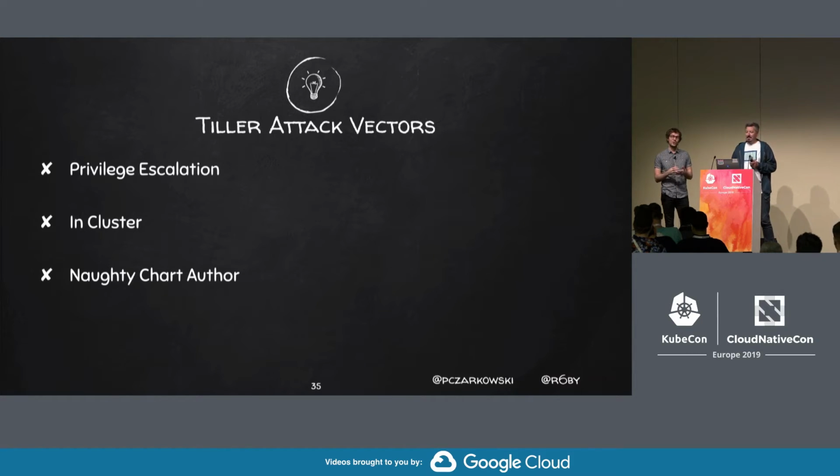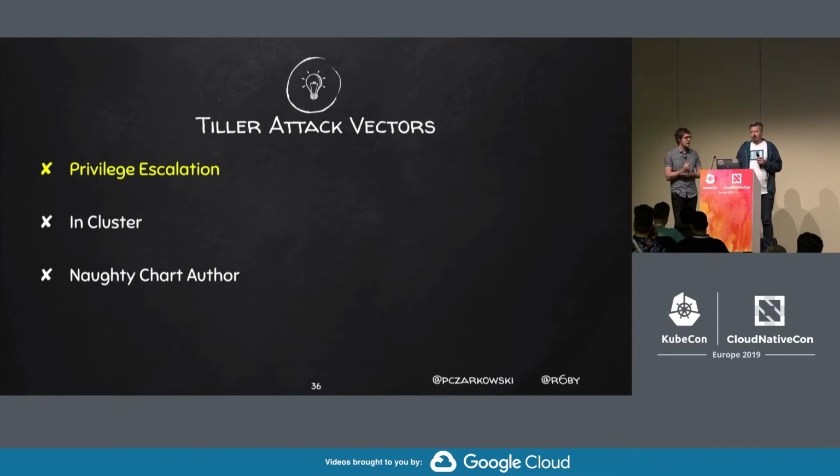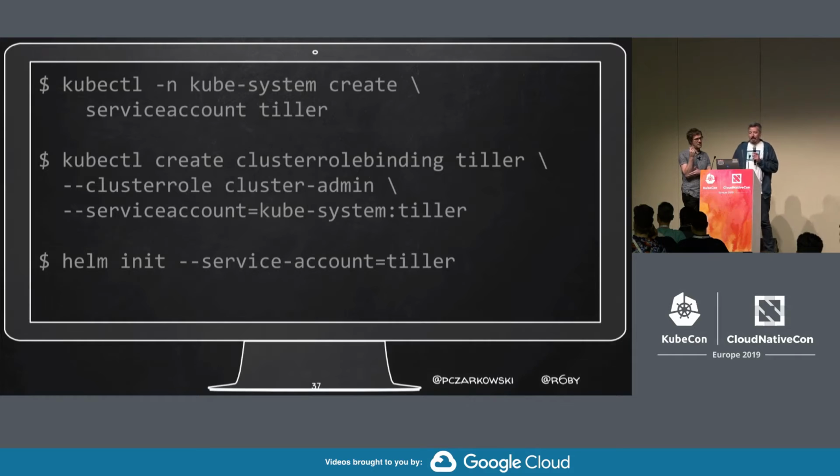So you are somehow granted that cluster admin access, and maybe the person setting up your cluster has no clue, or maybe that person is you, and is not thinking about the fact that this privilege is given to the users. So we're talking about privilege escalation. Let's have a look at what that looks like.